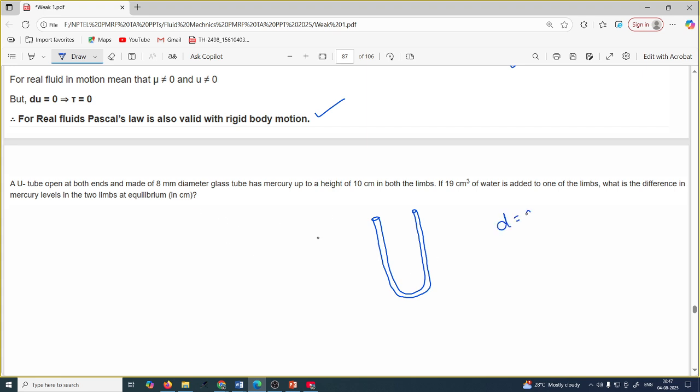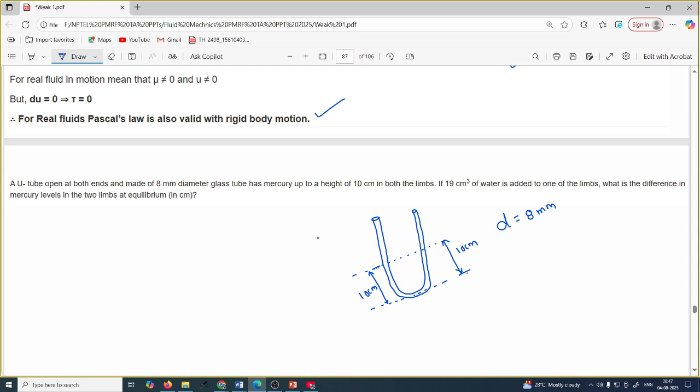The diameter is 8 mm. The glass has mercury up to a height of 10 centimeter in both limbs. So let us assume from here it is 10 centimeter. On both sides 10 centimeter is given already.